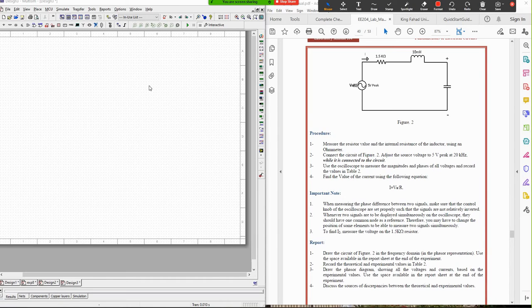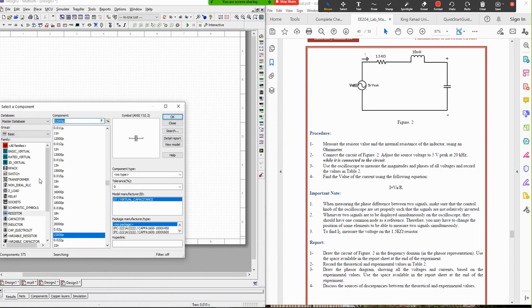In this experiment, we need the function generator here. We also need the resistor. We can find it in basic. Here is the resistor.